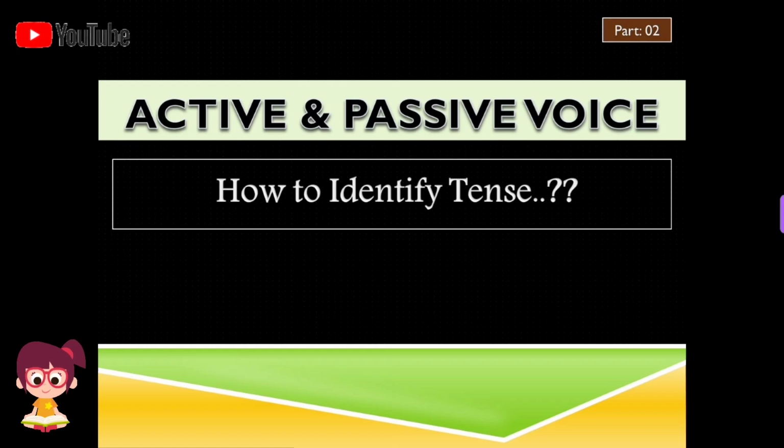So in simple words, the present participle is the ing form of the verb. For example, writing, playing, cooking, and many other examples. All right, you got it now.